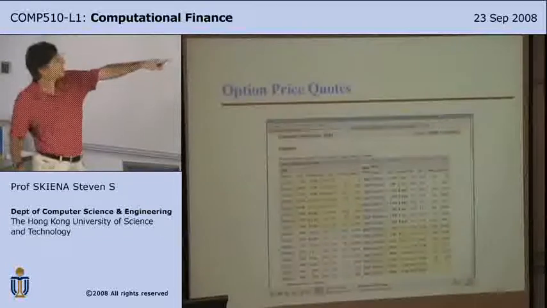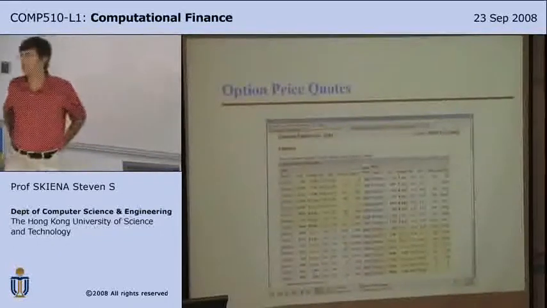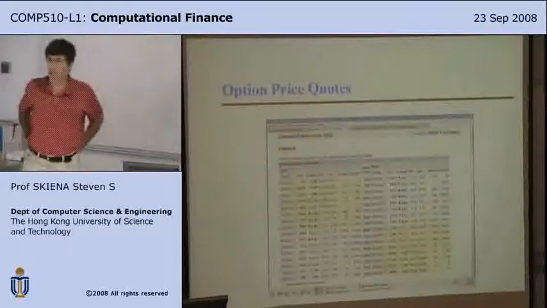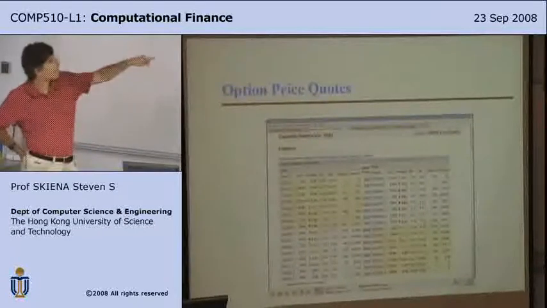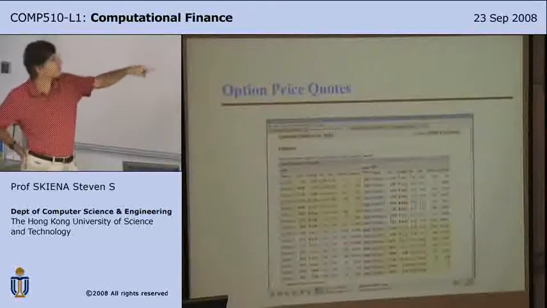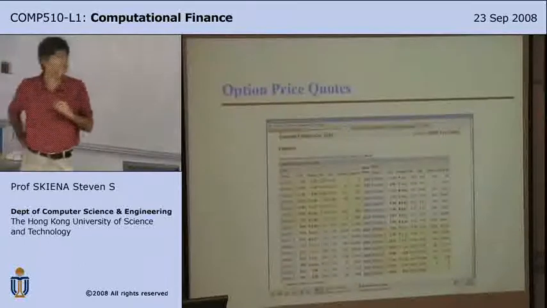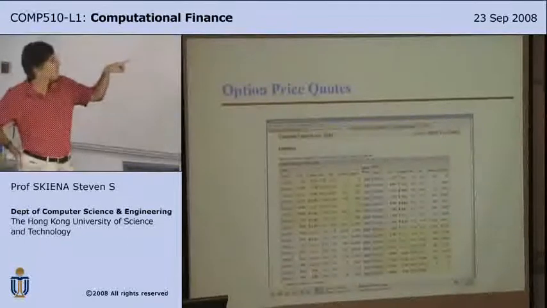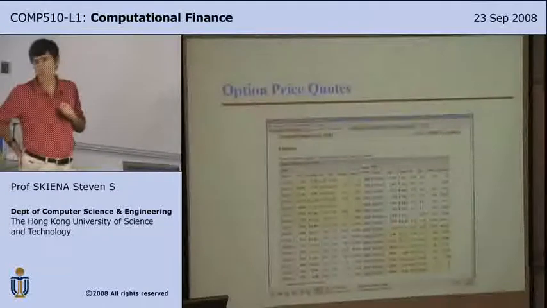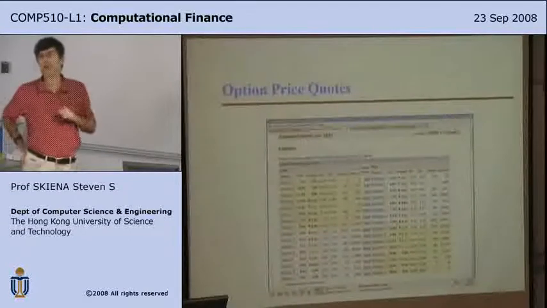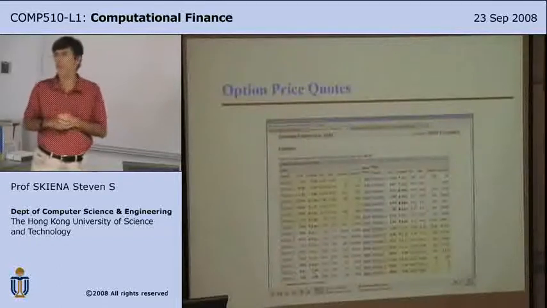So the top bar, first, this is for General Electric, which is one of the largest companies in the United States. This particular page is giving you quotes on both puts and calls, and there's a different page for different expiration dates. When you go and buy options on an exchange, they're standardized contracts. That's part of the deal about them.